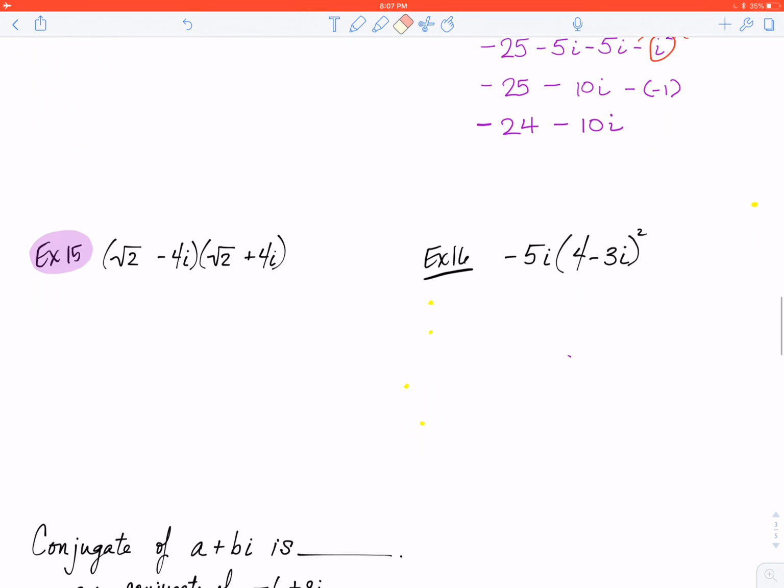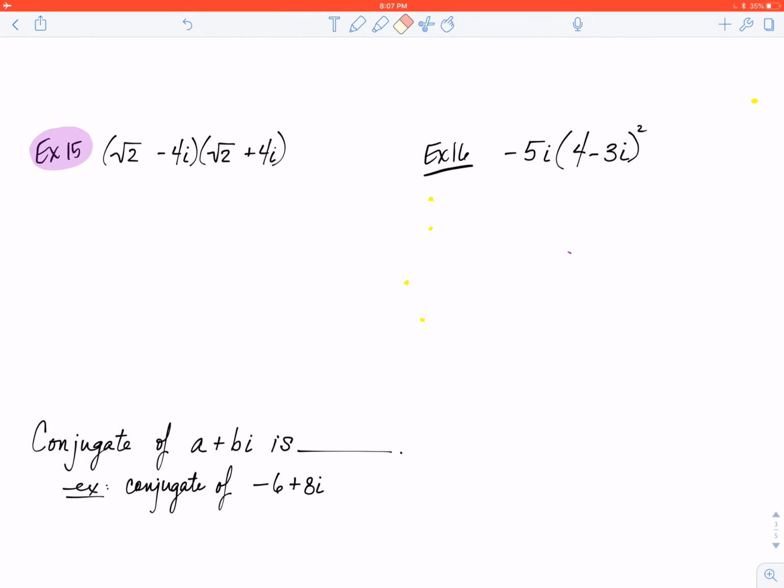Now jump down to example number 16. The first thing that I'd like to do with example number 16 is, instead of seeing this square here, I'd like to simply rewrite the whole quantity a second time. And so this, we're just going to multiply by another 4 minus 3i instead of using the square there.